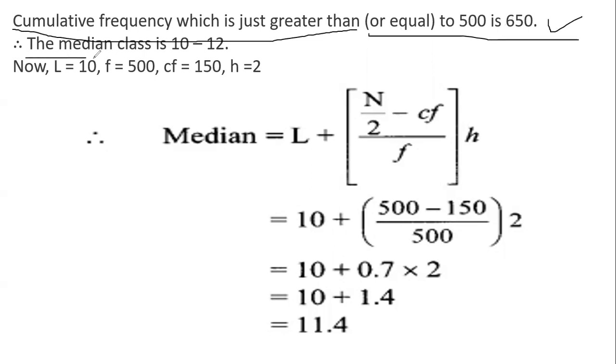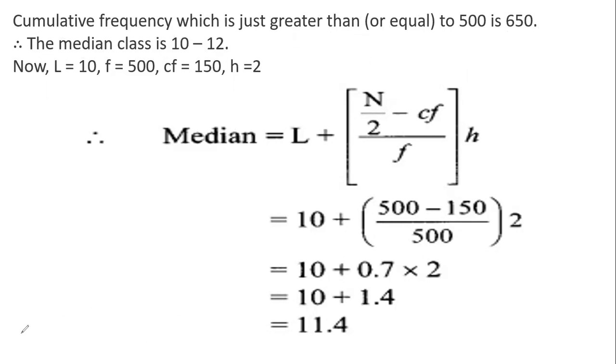So the median class is 10 to 12, and the L is 10 and F is 500, CF is 150 and H is 2. So you select the median class, 650 in the table.